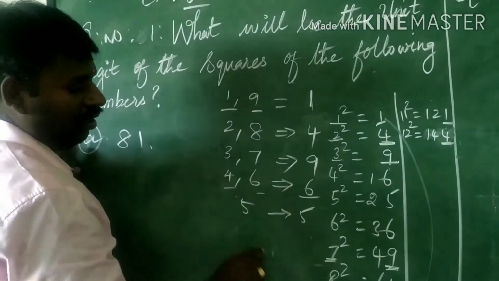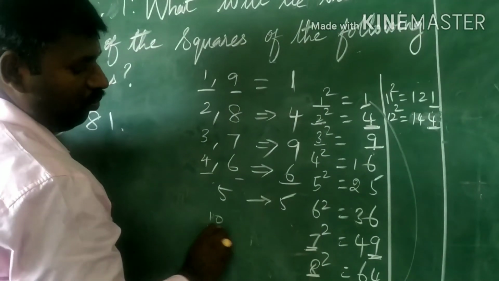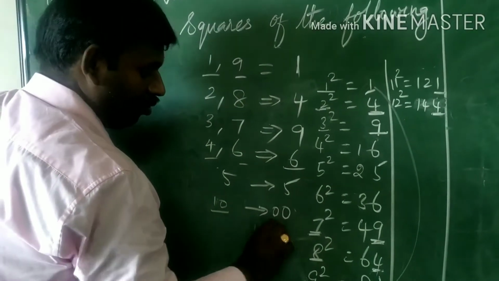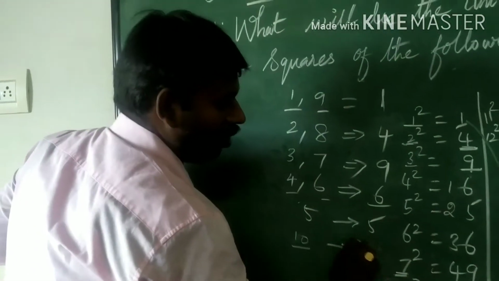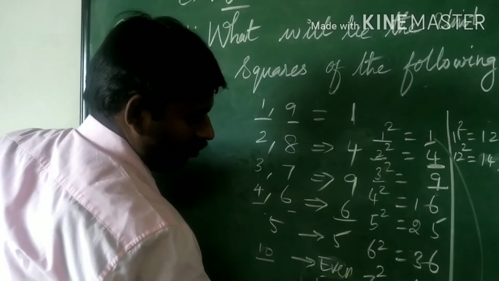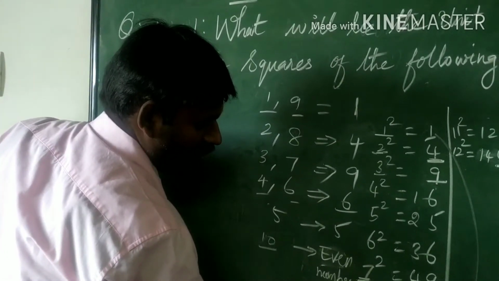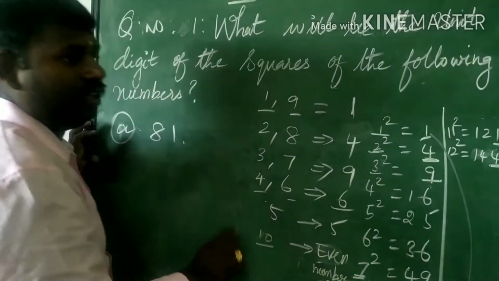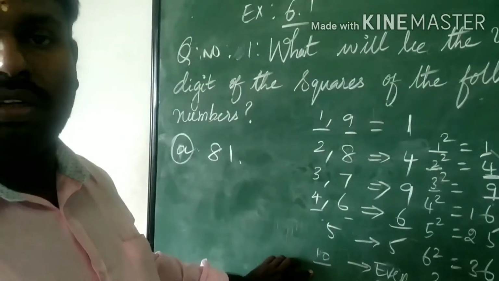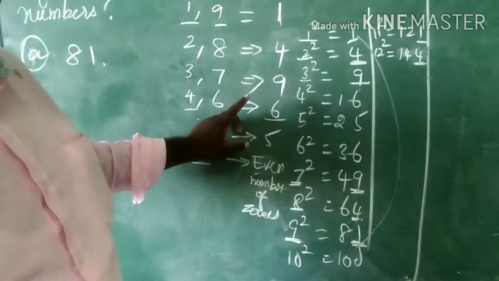Then for zeros, there should be an even number of zeros. The square of any multiple of 10 always ends with an even number of zeros.